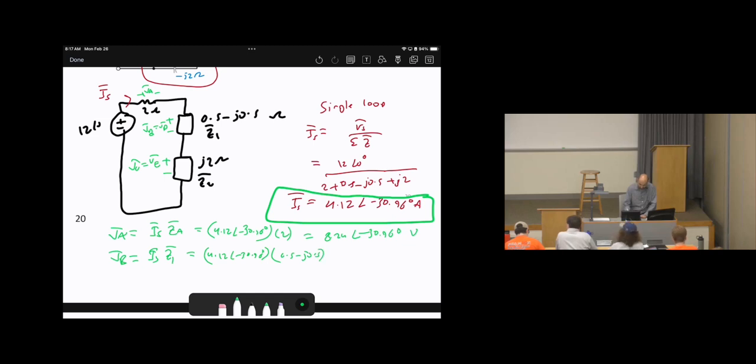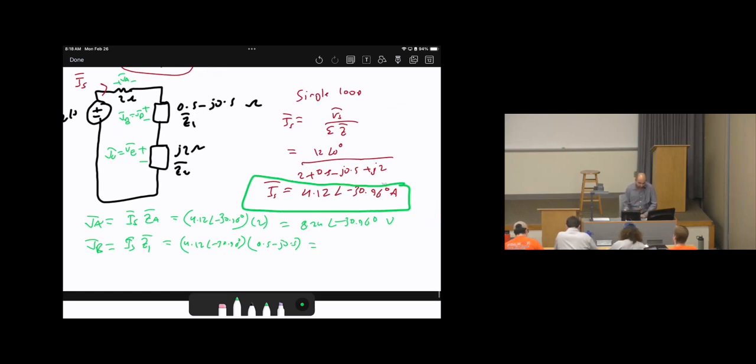When you do the multiplication using the calculator for complex numbers, put a bracket for every term or every number, then put the multiplication or addition or subtraction, whatever you want, to avoid any mistakes. So just make sure to put the brackets. Then the answer using the calculator will be 2.91 angle negative 75.96 degrees volts.